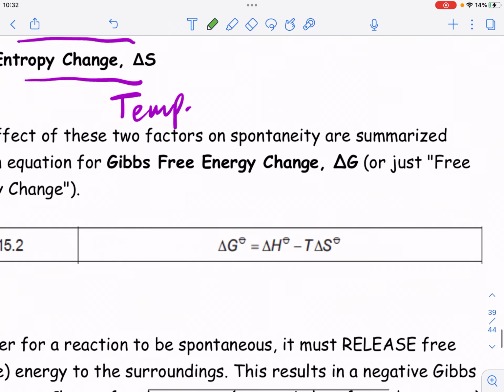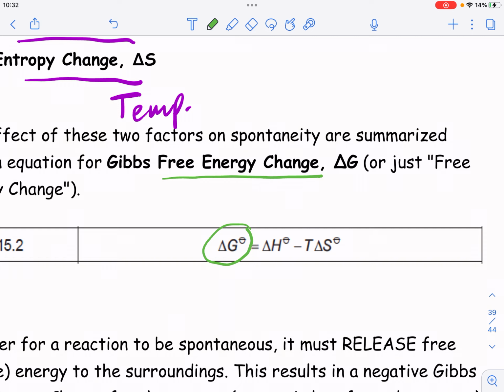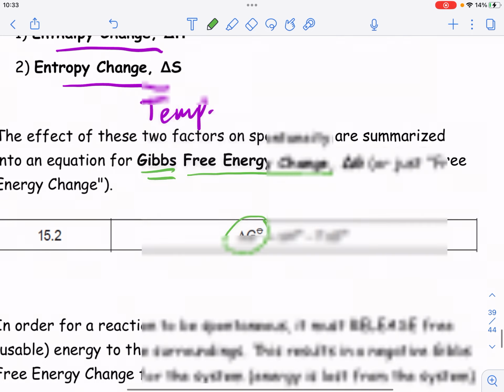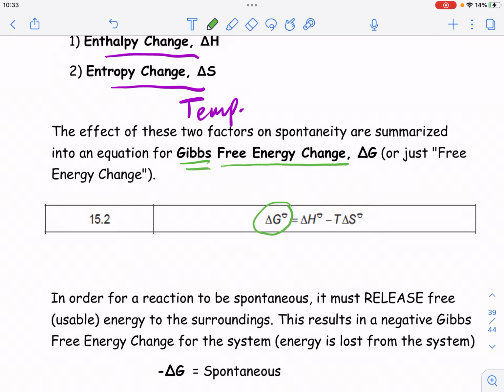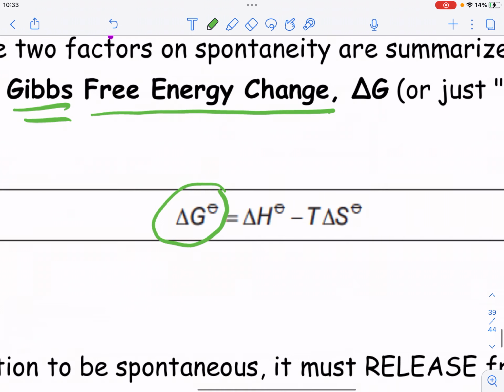Now the actual equation is here, and the actual value that will give us a definitive answer on whether or not something is favorable, whether or not something is spontaneous, is called delta G. It is the free energy change, or sometimes called the Gibbs free energy change, which is why it has a G. Gibbs was somebody's name. But often the IB will just refer to it as the free energy change. We can see that this equation does exactly what we were looking at up above.